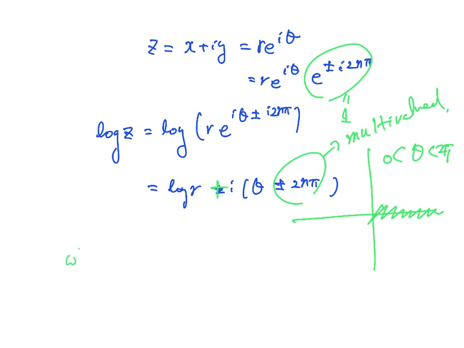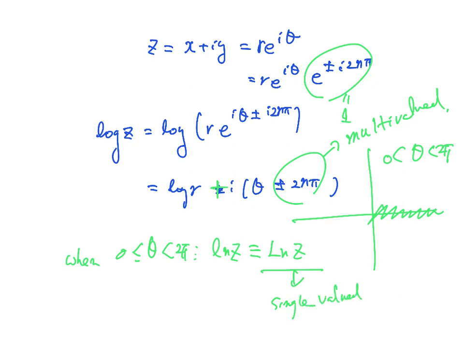So when we confine θ to 2π, we write ln z as a capital Ln z, limited to a single valued function.